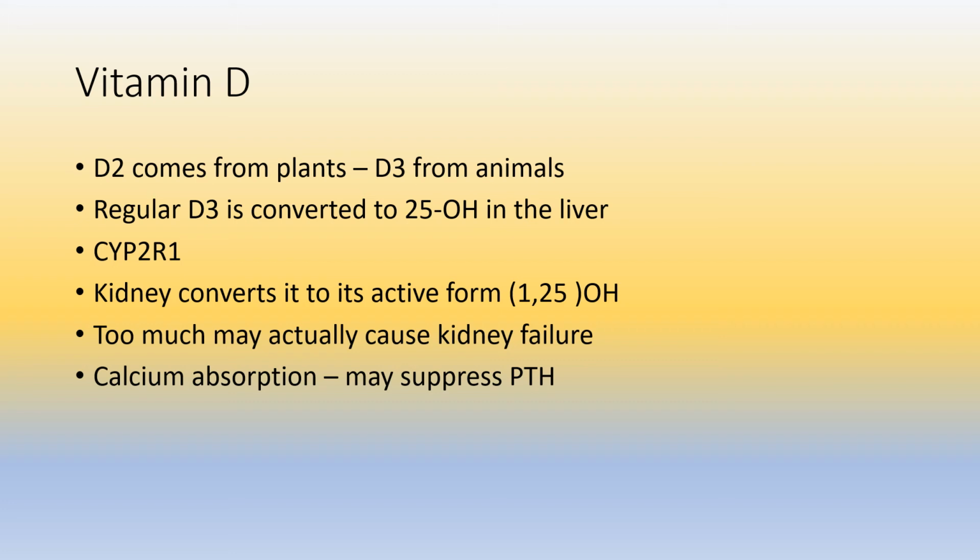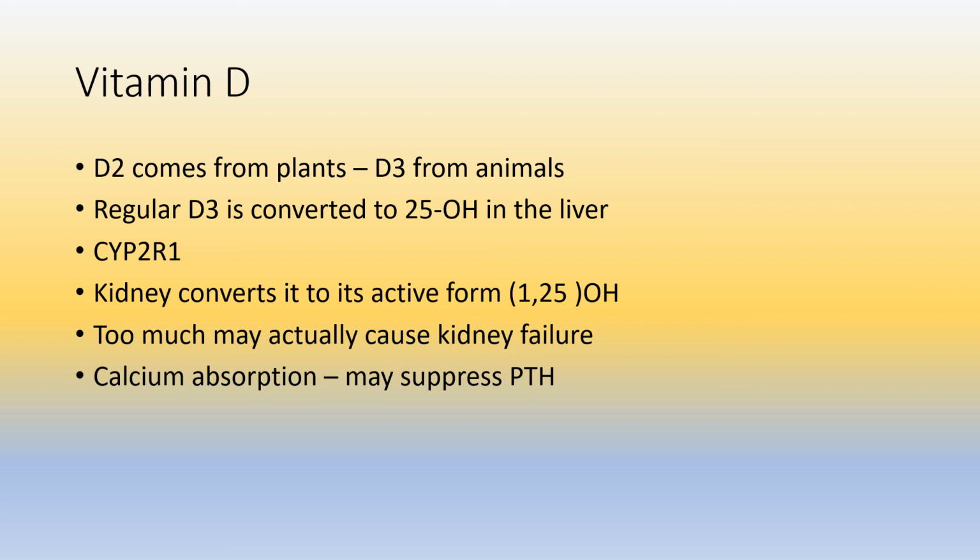And that occurs because of a cytochrome P450 enzyme, the 2R1. It then goes to the kidney, and it's converted into its completely active form, which is the 1,25-hydroxylated D3. And again, the problem is that if you don't hydroxylate it into that version in the kidney, you'll have normal levels in your body, but you won't be able to use any of it.